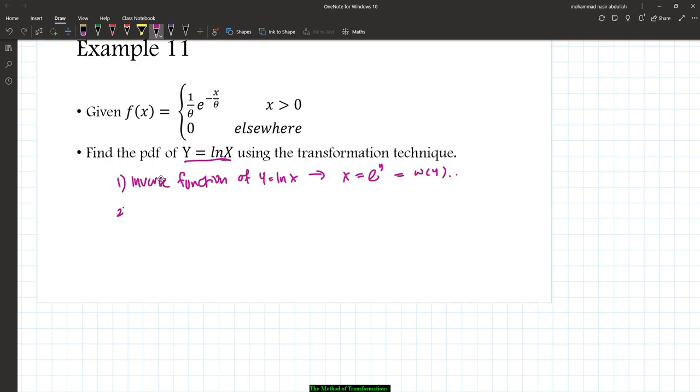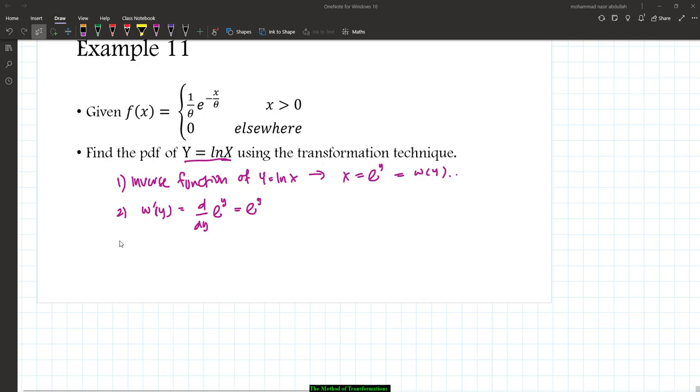Next step is we want to find the first derivative of w(y). The first derivative of w(y) should be equal to d/dy exponential y. It should be exponential y.